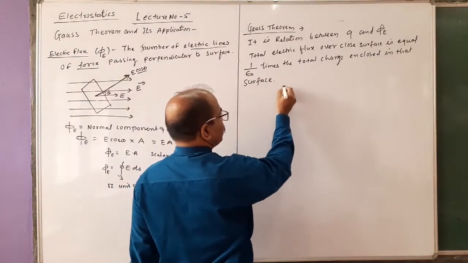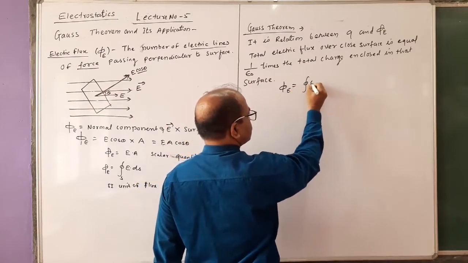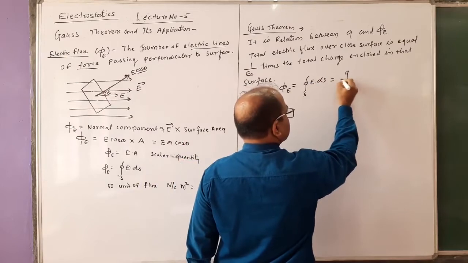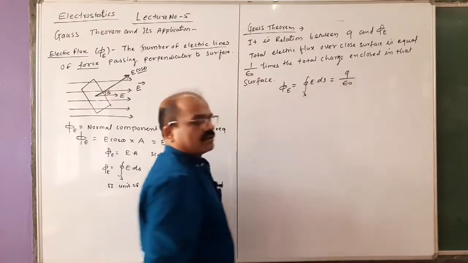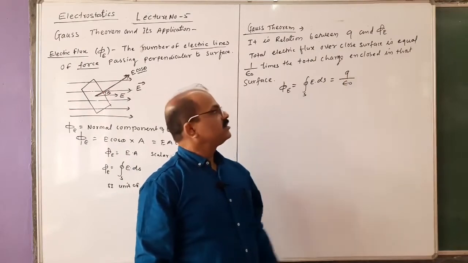We can write phi, the total electric flux over the closed surface, E dot dS, equal to Q, the total charge enclosed, divided by epsilon naught.